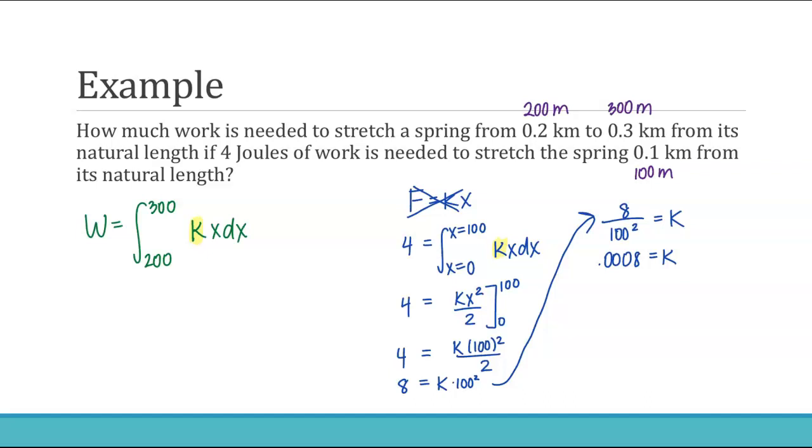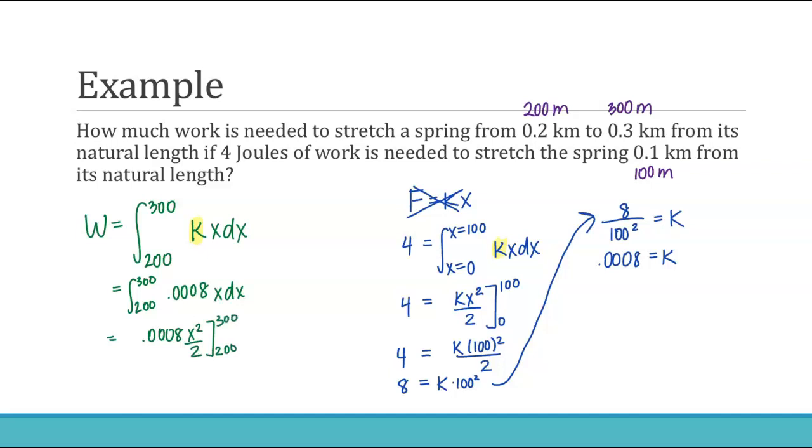So I'm going to take that value back over here to this integral. We're integrating from 200 to 300 of 0.0008 x dx. And then the antiderivative is going to end up being 0.0008 x squared over 2, evaluated from 200 to 300.